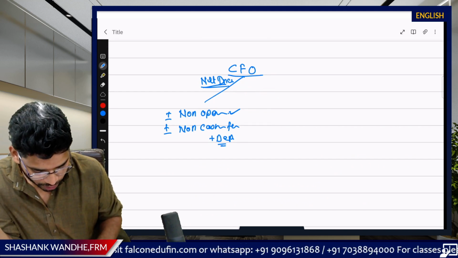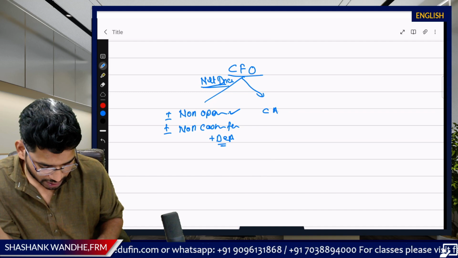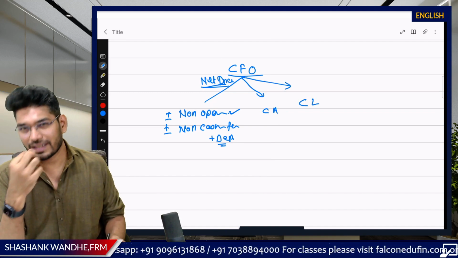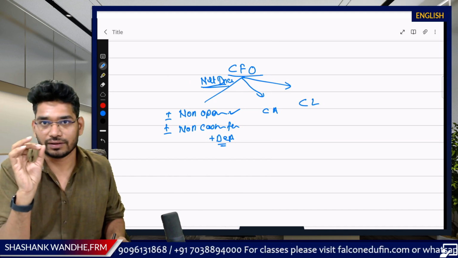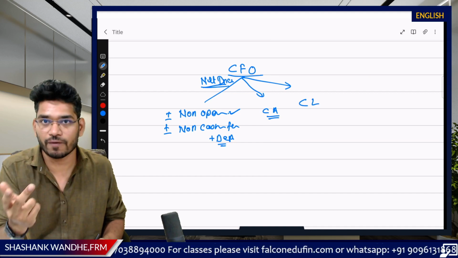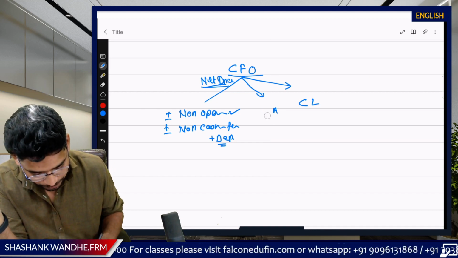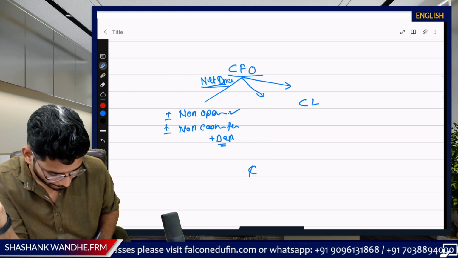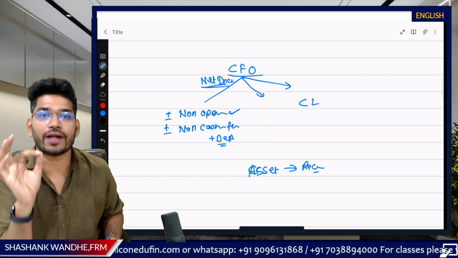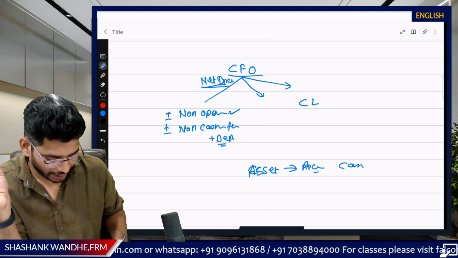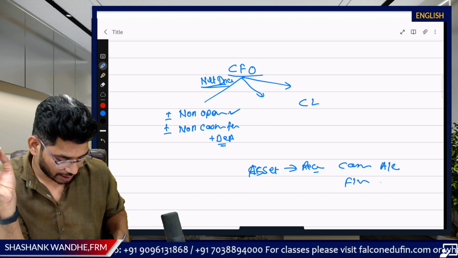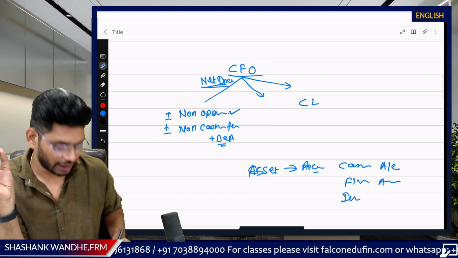The second adjustment relates to the current assets, and then we have the current liabilities. In the case of the assets, exclude all the fixed assets and all the investment related assets. In the asset part, you have to not consider your cash accounts, fixed asset accounts, and all the investment related ones.